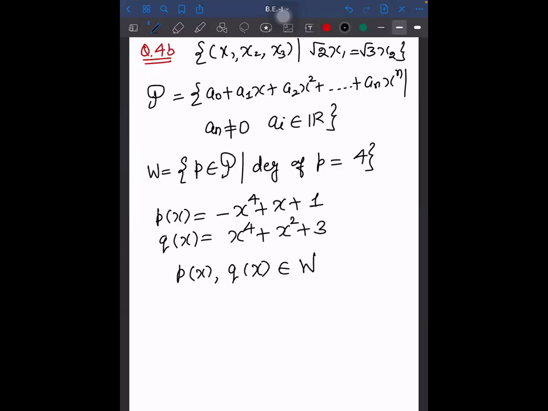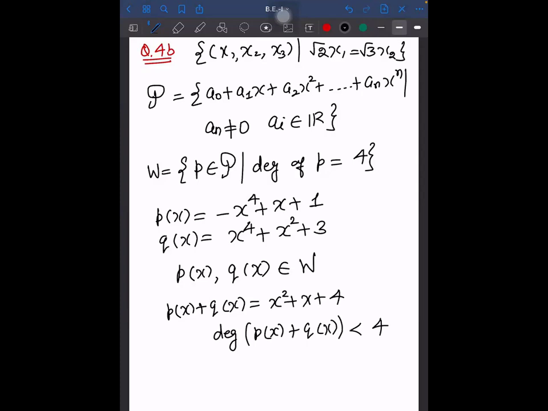Degree 2, because the highest degree terms have opposite signs with the same magnitude. So we are left with x square plus x plus 4. Now the degree of px plus qx is less than 4. So that means this does not belong to W. Therefore W is not a subspace, right?